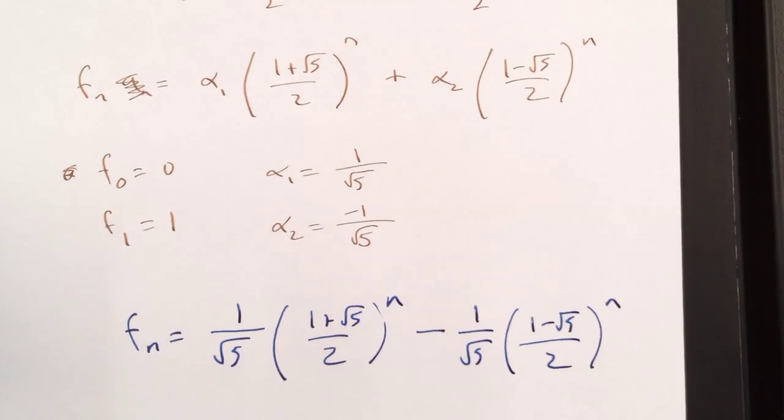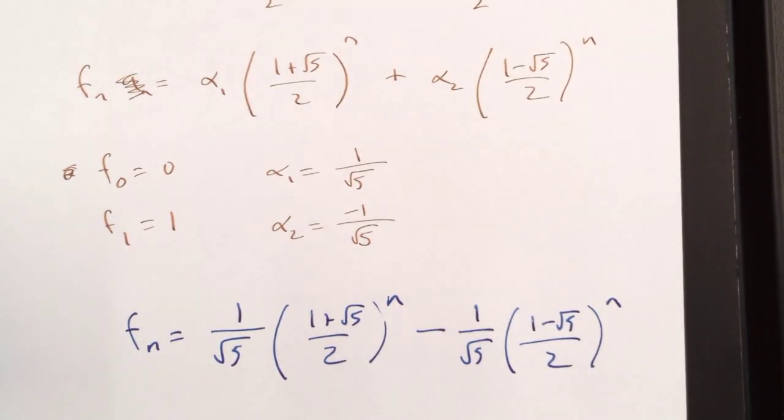Fibonacci was counting rabbits. I don't know what the hell square root of 5 has to do with these rabbits. But that is amazing. I don't even know why you would put in n and be guaranteed to get a whole number out of here, much less the whole numbers that follow this particular recurrence relation. This is amazing.